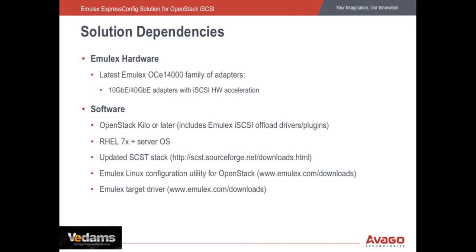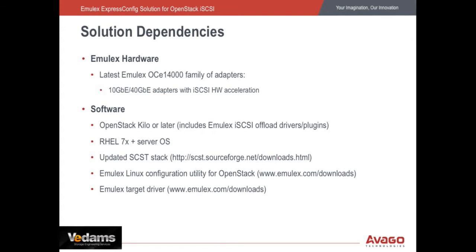The SCST stack itself is, I believe, open source, so we can download that particular software stack that is going to run the SCST software. Plus, this particular adapter has its own SCST-based iSCSI driver that goes along with the SCST stack that is going to provide the solution.